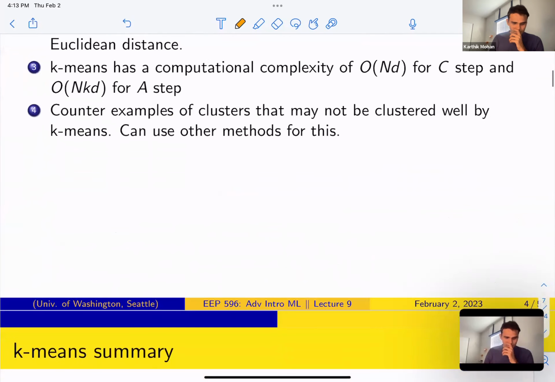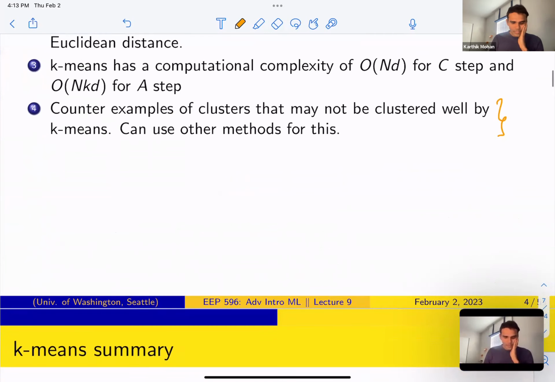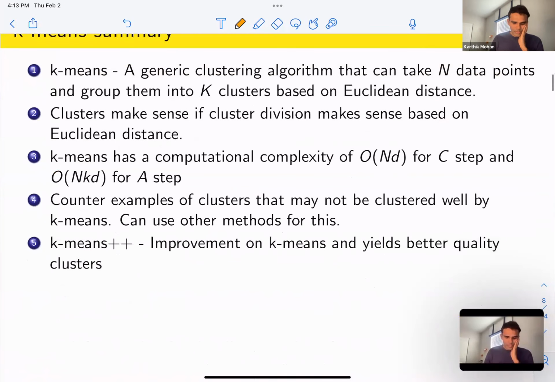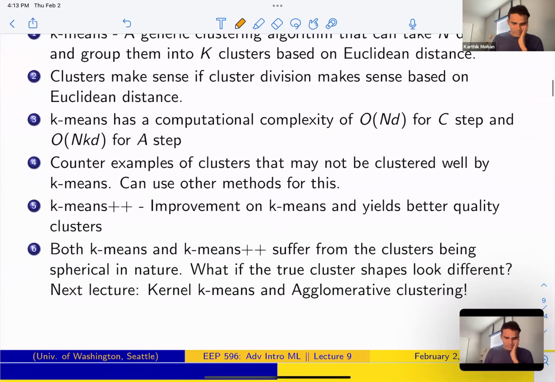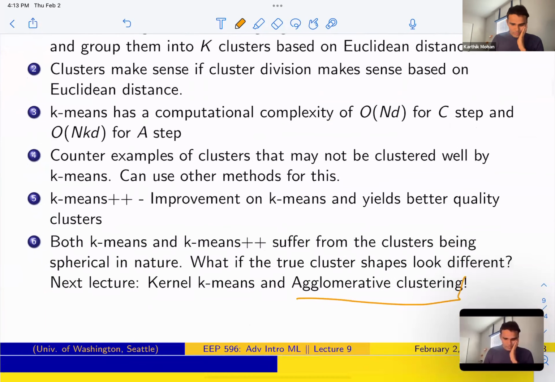We'll also look at counter examples, like spiral clusters or something that cannot be detected by K-means. So we'll look at agglomerative clustering today, which can actually do the job. This is something we'll focus on in this talk, agglomerative clustering, to resolve the issues that K-means has with non-spherical clusters, right?